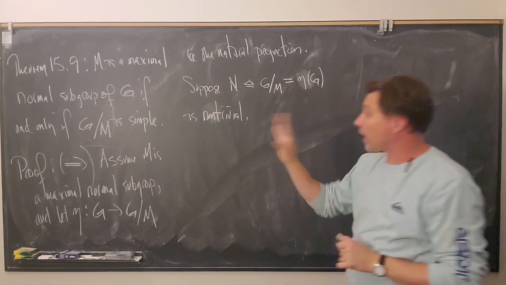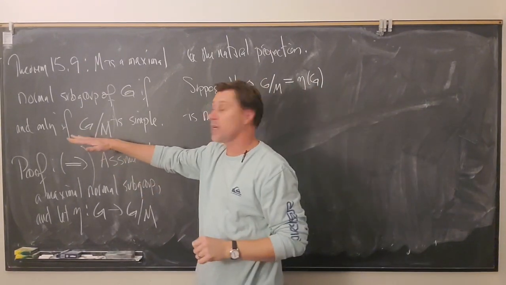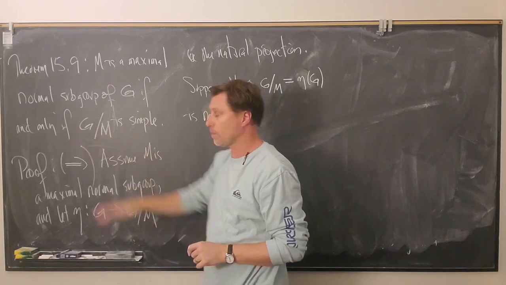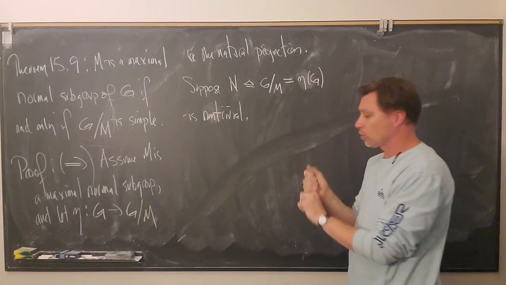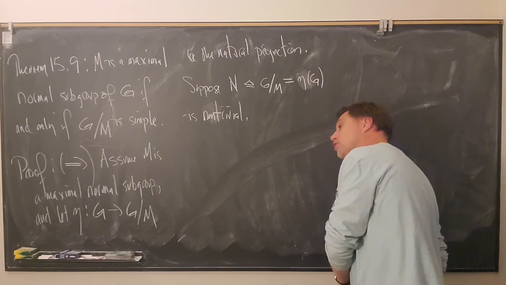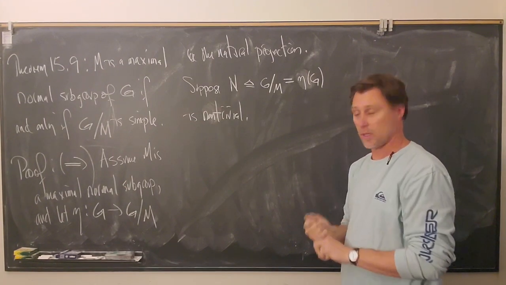Now, remember what we're trying to do. We want to show that this quotient G mod M is simple. Simple groups can have no non-trivial proper normal subgroups.